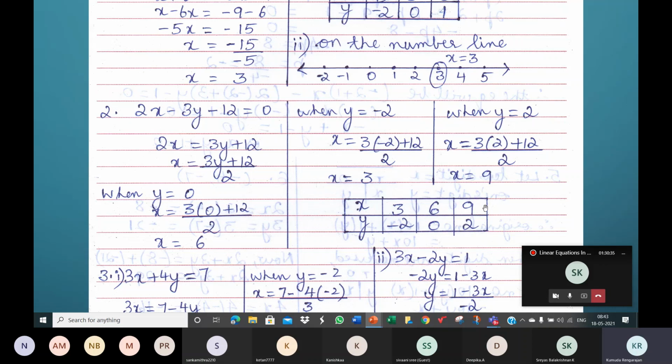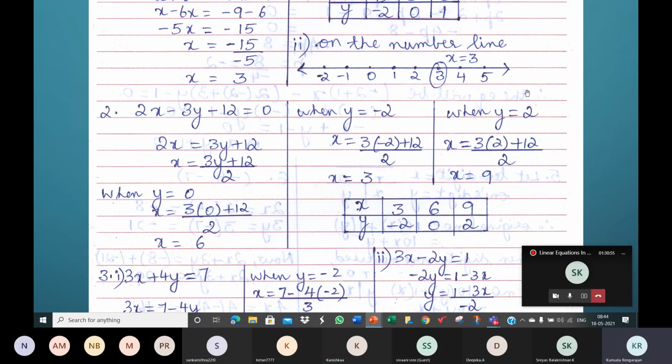Write the x values against x and y values against y. Now, these are the points to be plotted: 3, minus 2; 6, 0; and 9, 2.